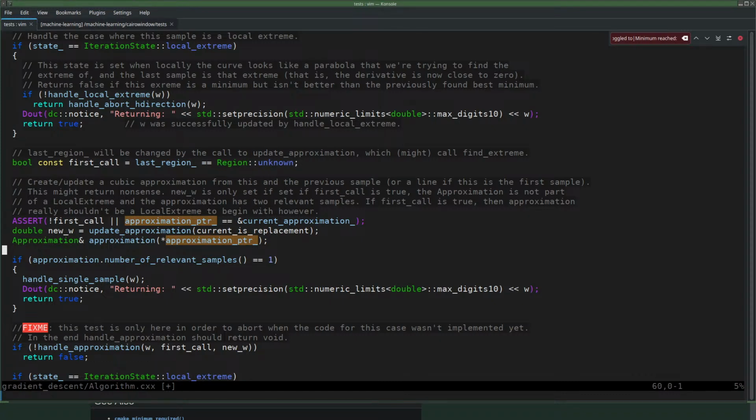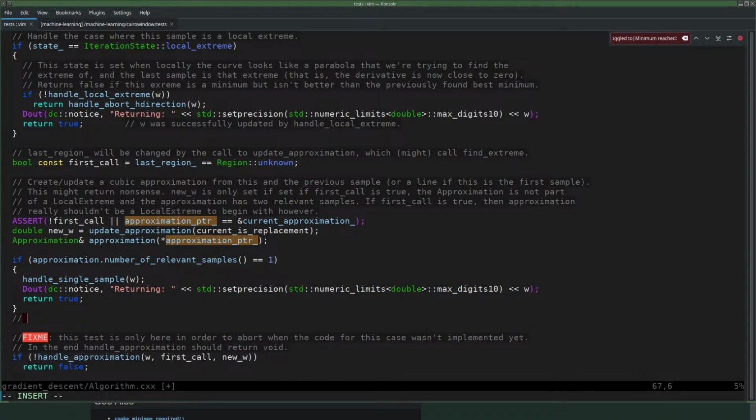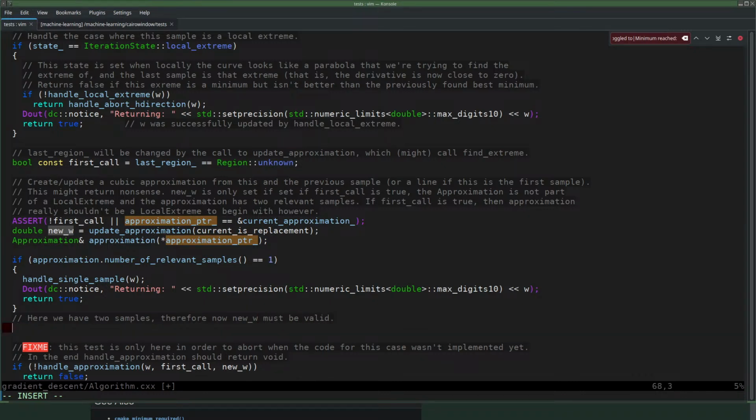Which means that after this test, well, we can't have zeros there. It's not so. Here are two symbols, so therefore now new W must be valid. Or is it?